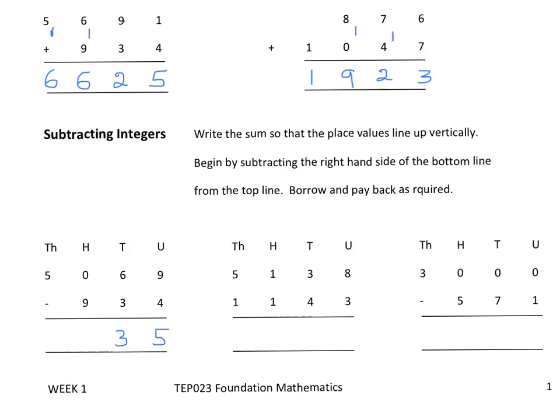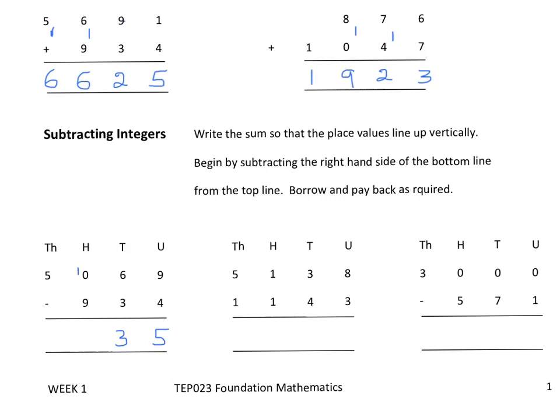Well, I can't take away 9 from 0, because I've got no hundreds to subtract 9 from, so I'm going to have to borrow 1,000 from the thousands column. So I'm going to write it here.